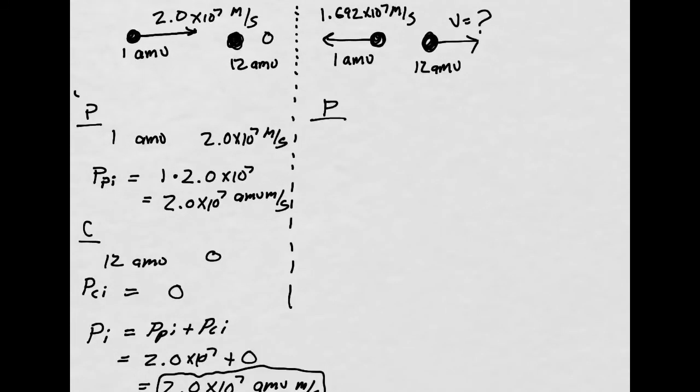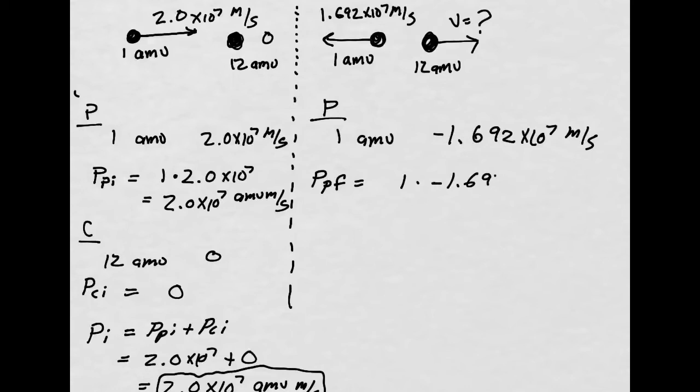So we have our proton, which has 1 AMU, its mass doesn't change. And now it's moving at negative, because it's going to the left, 1.692 times 10 to the 7 meters per second, which means that the proton's final momentum is equal to 1 times negative 1.692 times 10 to the 7 meters per second, to the left.